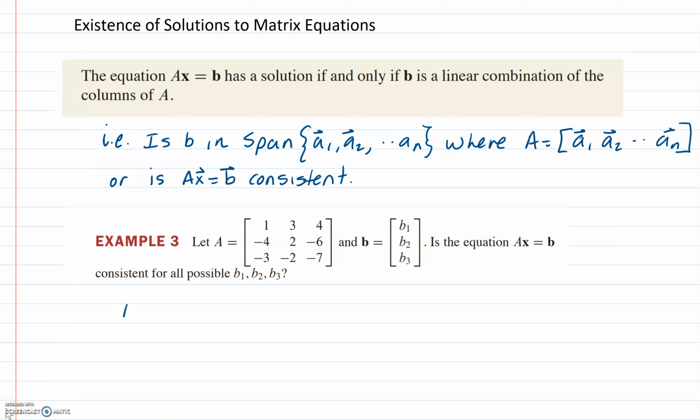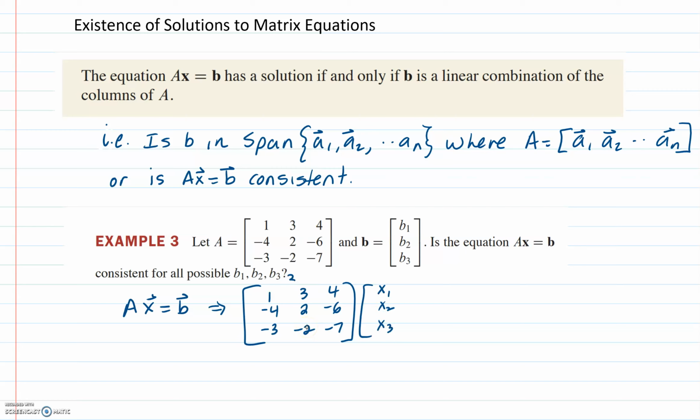So we saw from the last video, AX equals B. Here's A, which in this case is a coefficient matrix, times the X. X needs to be in R3, because this is a 3 by 3, so we have to multiply this by a 3 by 1 to get B, which is a 3 by 1.